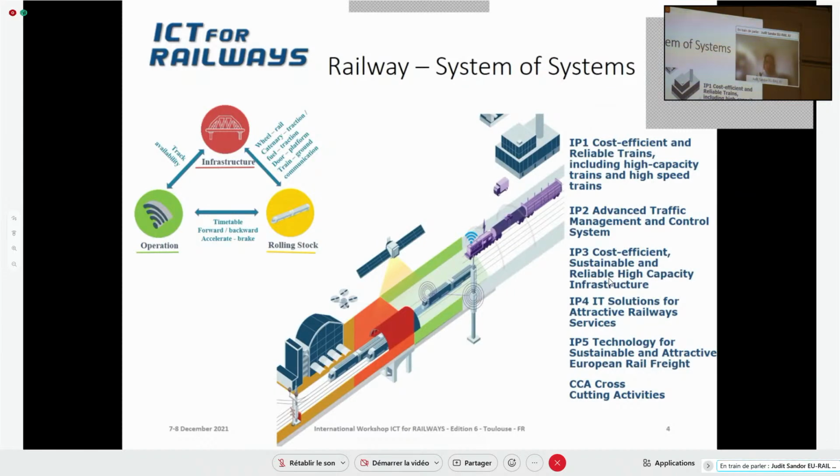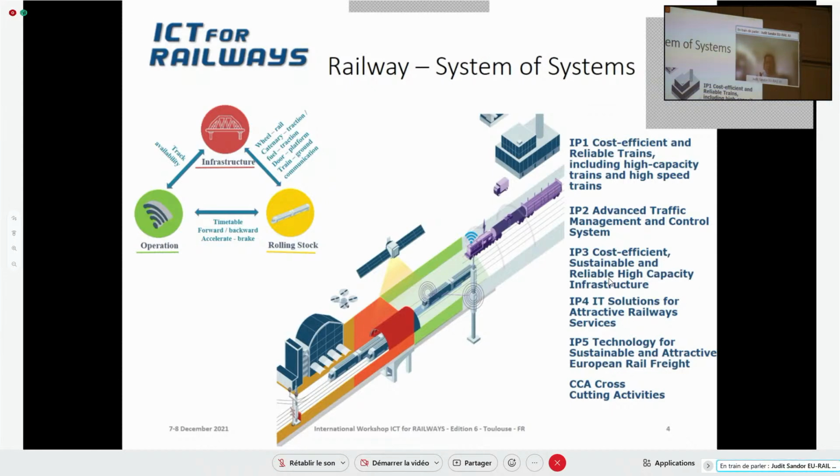So that's why it's important that the performance of the railways is considered at system level and not only focusing on subsystems, but considering it as a whole in order to make the biggest impact and benefit and the performance gain that rail can contribute to, which is very important when we are talking about competitiveness and improving the rail performance and the rail presence in the multimodal transport environment.